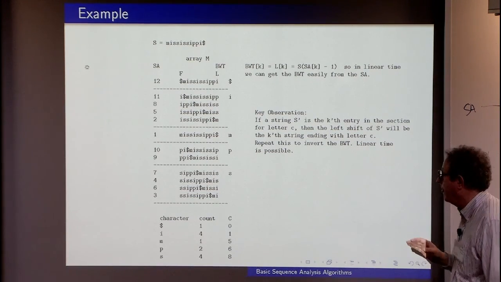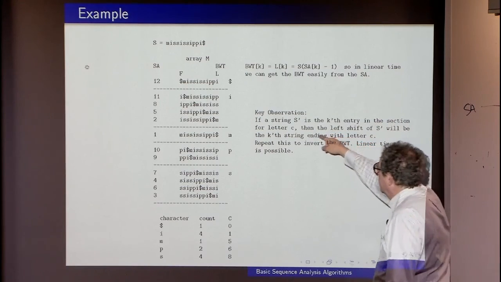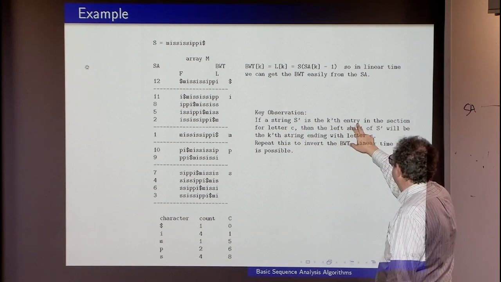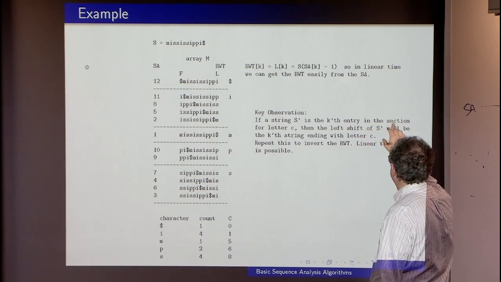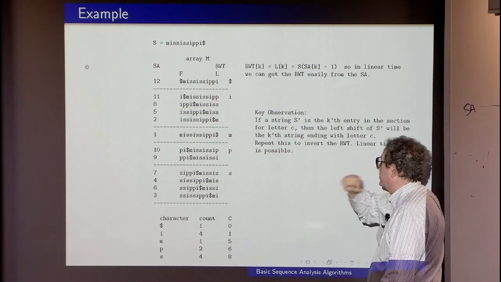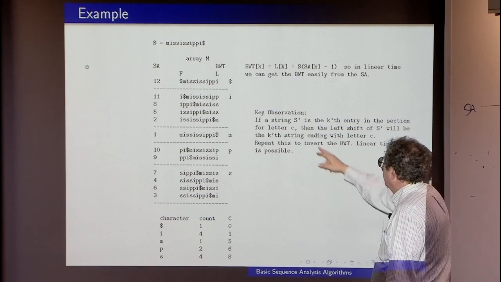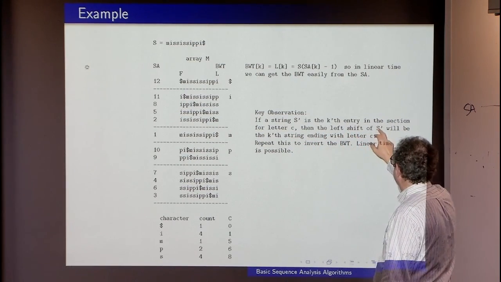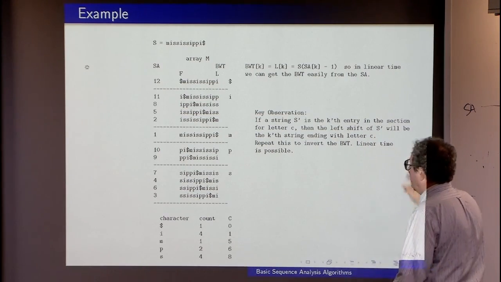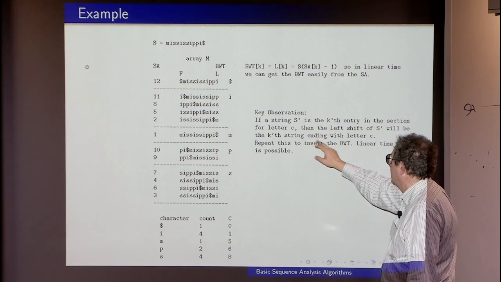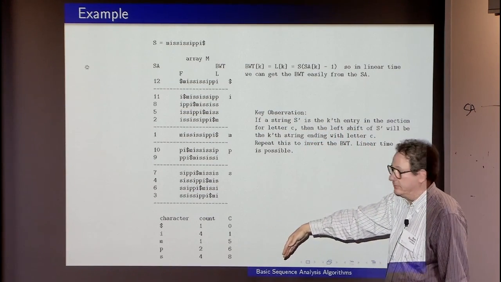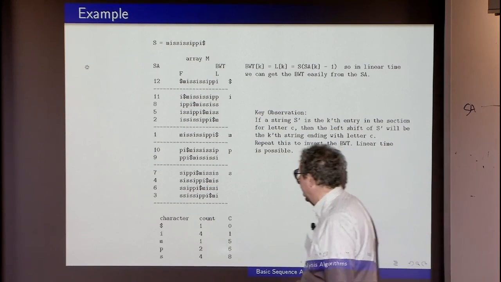That's key. All right. If a string S prime is the kth entry in the section for letter C, where C is now a variable, not the actual letter C, then the left shift of S prime, rotating it over by 1, will be the kth string ending with letter C in the entire list. So let's just look at this one.